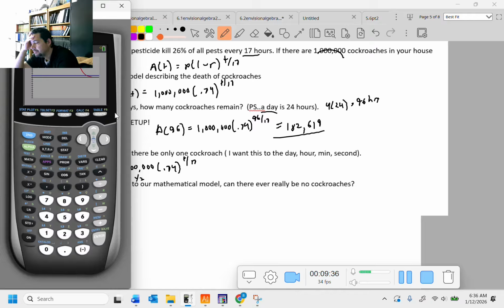Hey, there it is. I want this to the day, hour, minute, second. So second, trace 5, enter, enter, enter. So we got 700.00567 hours.